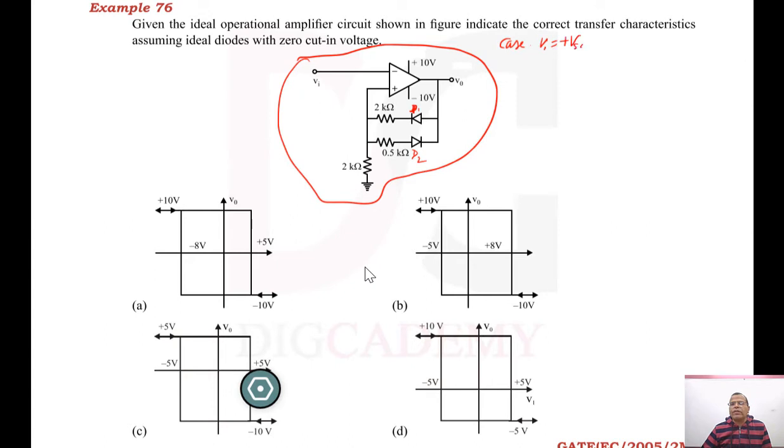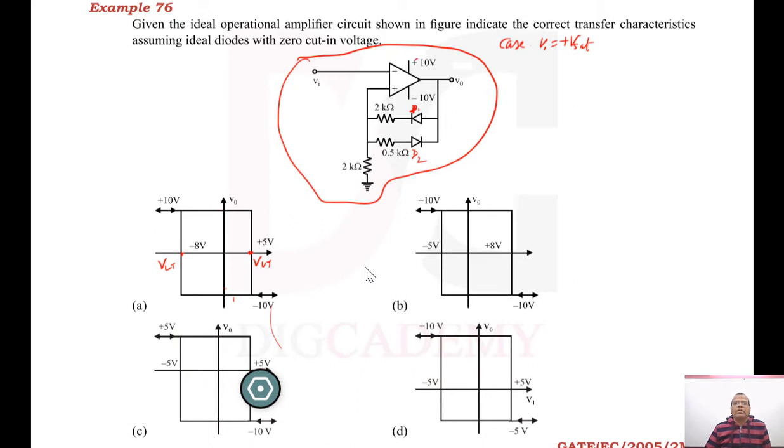To identify the characteristics, what do we need to know? We need to know the upper threshold voltage, VUT, and the lower threshold voltage, VLT. Of course, the output voltages are plus 10 volt and minus 10 volt, so the characteristics are almost similar.